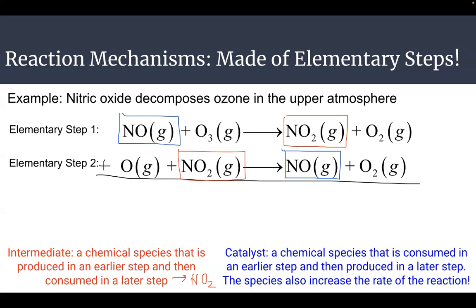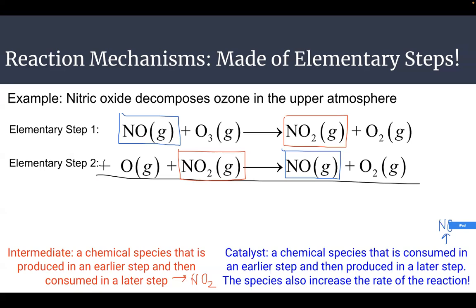A catalyst is a chemical species that is consumed in an earlier step, meaning it's a reactant earlier, and then it's produced in a later step, meaning it's a product in a later step. We're going to explore catalysis and catalysts in the last section of Unit 5. Catalysts also speed up the rate of our chemical reaction. Our catalyst in this reaction is NO.